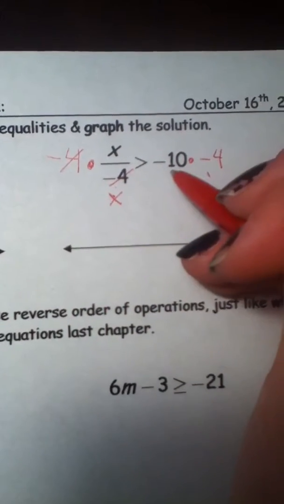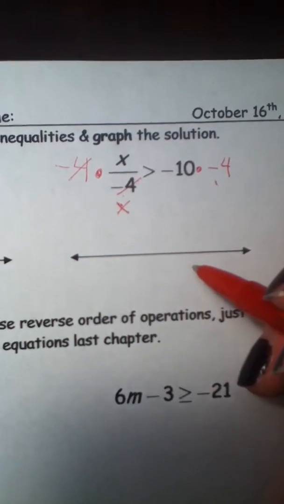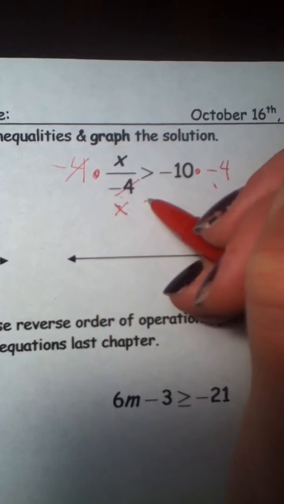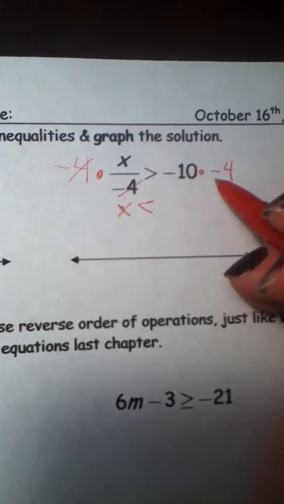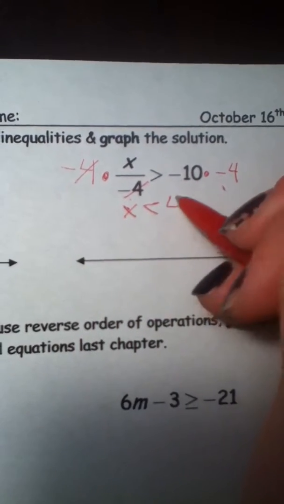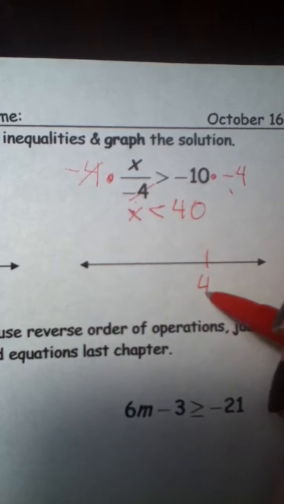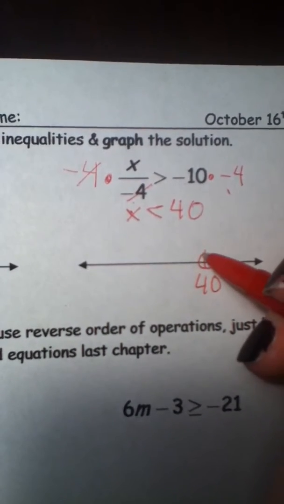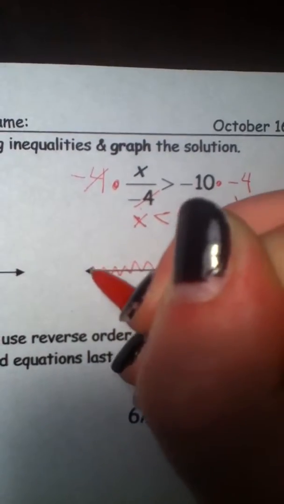Now, I multiplied by a negative. What does that do to my sign? Flip it. So now it needs to go the opposite way. Negative times a negative equals a positive 40. So x is less than 40. So here's 40, open or closed circle. Should be open, and less than 40.